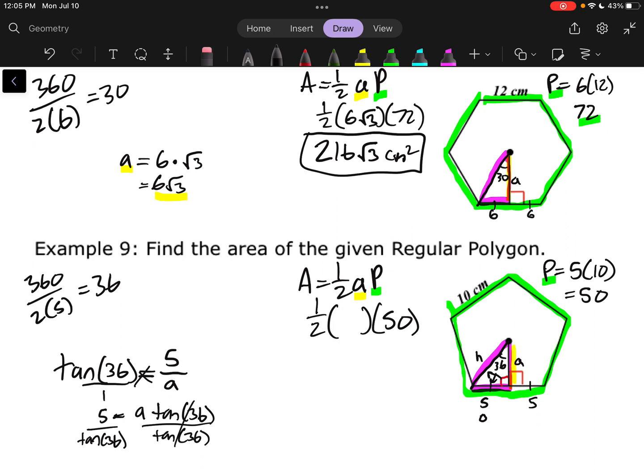And I should get what a is. 5 divided by tangent of 36. Remember, whenever you're doing this, make sure you are in degree mode. I'm going to get 6.9 for a.